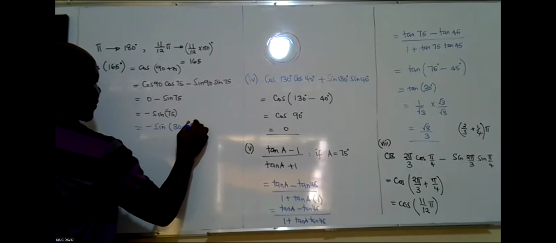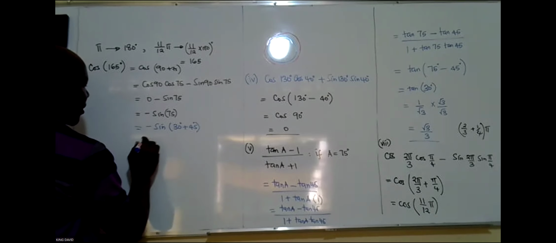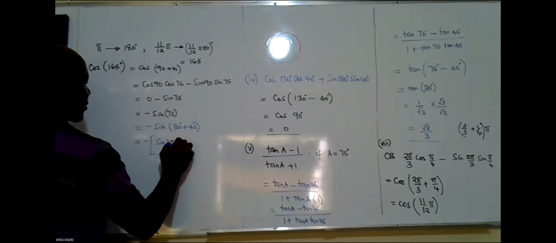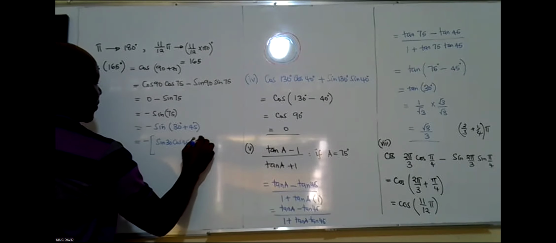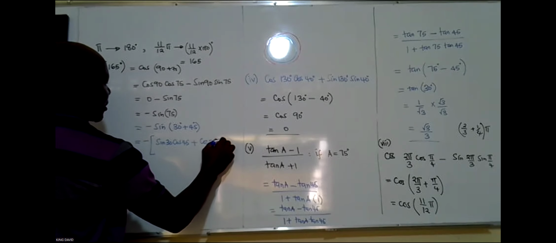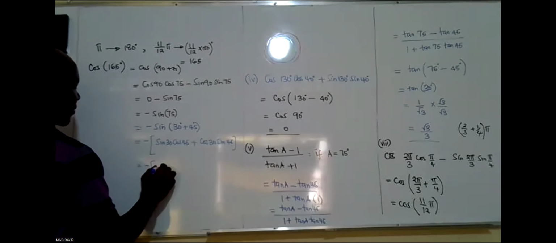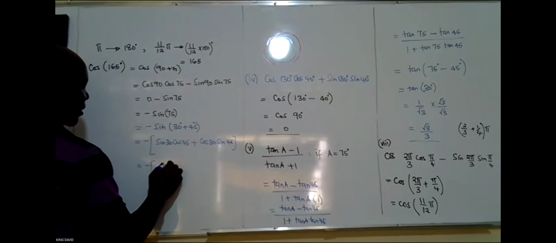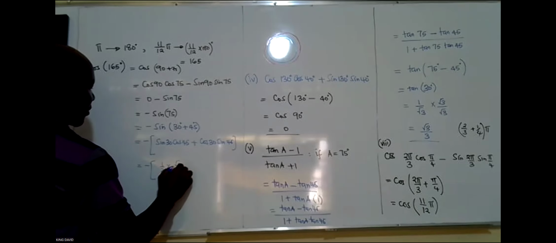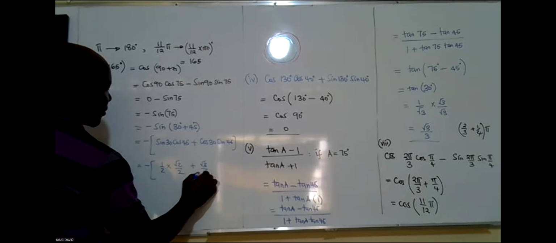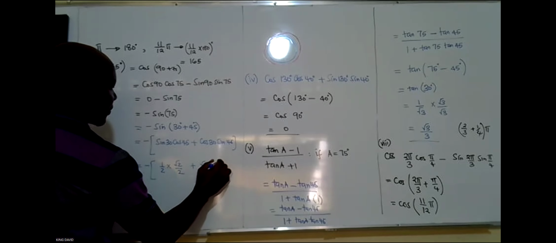This becomes negative sine of 30 plus 45. For these ones, we have the special angles. This is negative sine 30 cos 45 plus cos 30 sine 45. So the negative is out, sine of 30 is a half, cos 45 is root 2 out of 2, cos 30 is root 3 out of 2, sine 45 is root 2 out of 2.